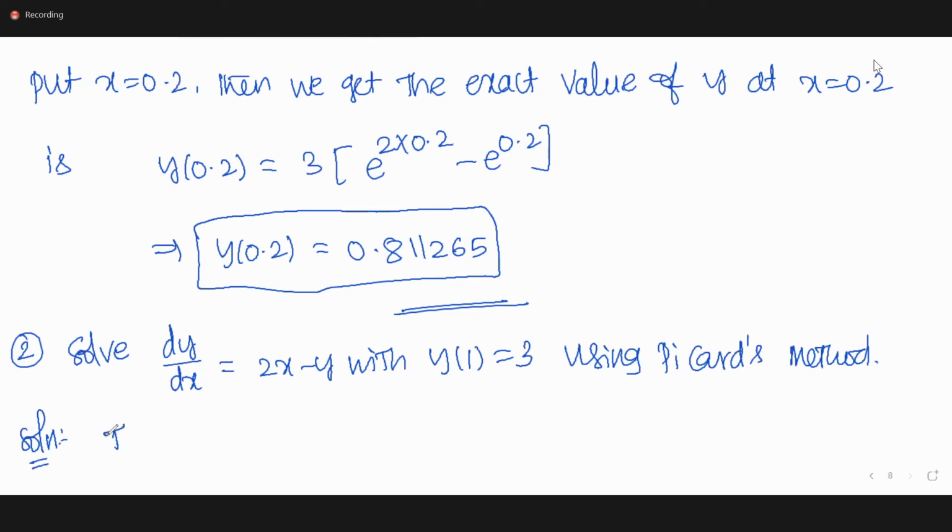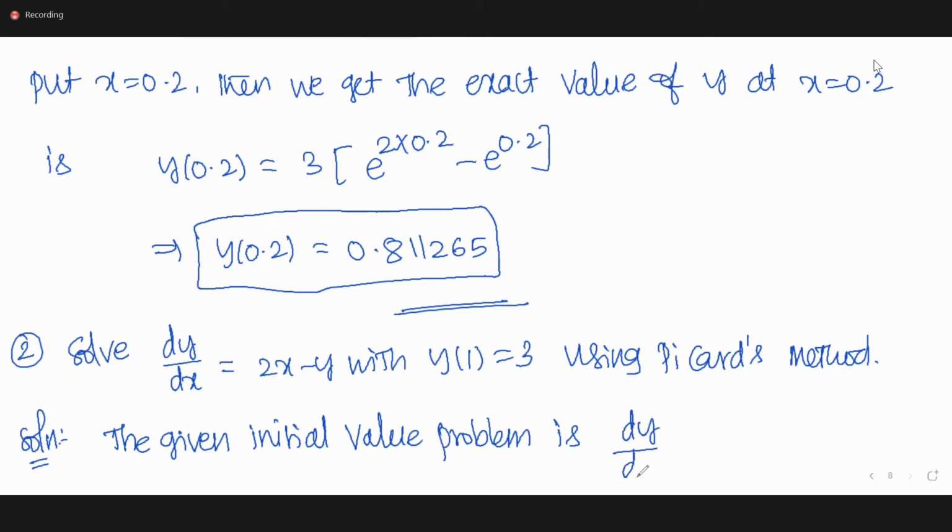The given initial value problem is dy by dx is equal to 2x minus y with y of 1 is equal to 3.